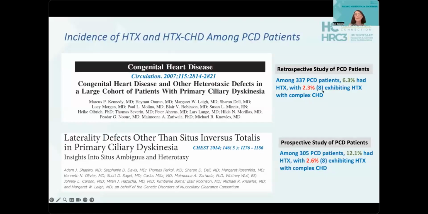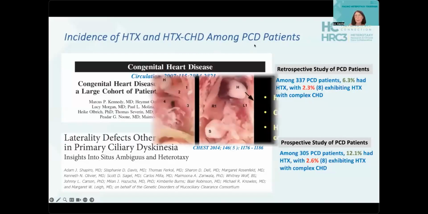And for heterotaxy with congenital heart disease, it's even lower, 2.3% in the retrospective and 2.6% in the prospective study. So this is consistent with why when we looked at heterotaxy CHD patients, we really found no examples of PCD, in that in fact, PCD patients with heterotaxy congenital heart disease is very low.